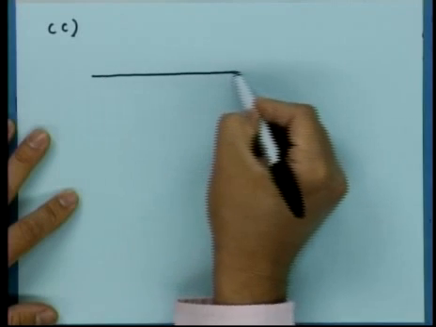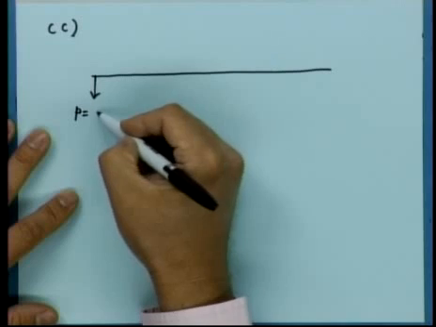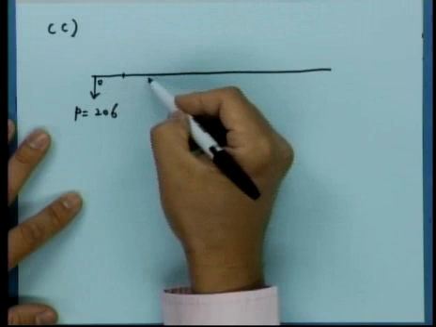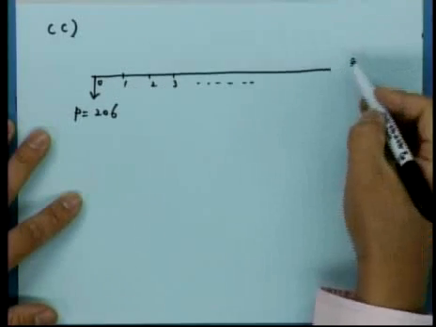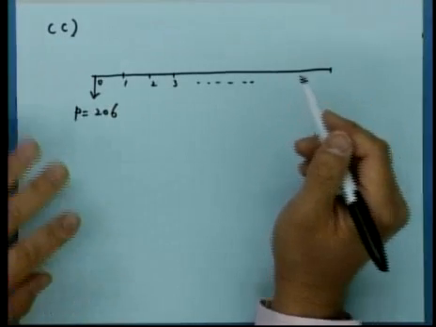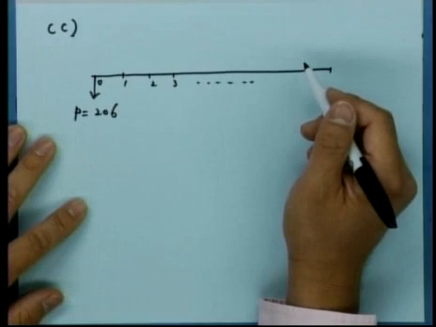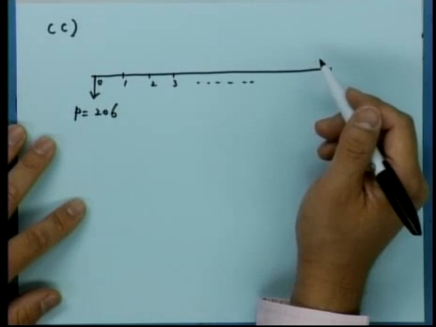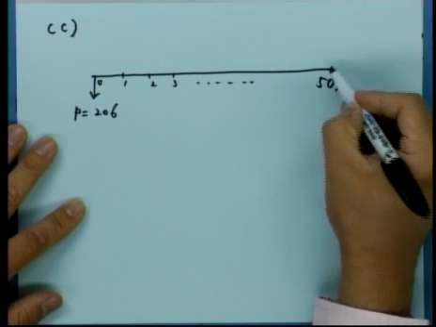So here we have P, the present sum, which is 206. 1, 2, 3, and so on, up until how many periods? The newspaper is published 252 days per year, so the interest period would be 504, right?